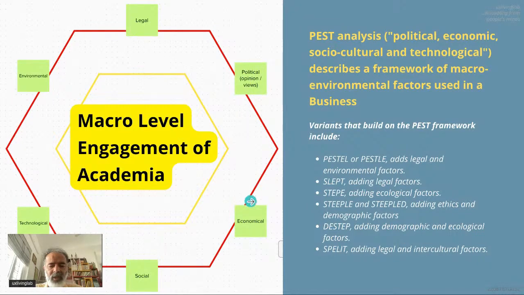You can use economic, the financial people, the social, the cultural, the anthropology or psychology people. Then technology factors, of course, the technical people. Then environmental factors. Also, you can engage academia selected based on their expertise.